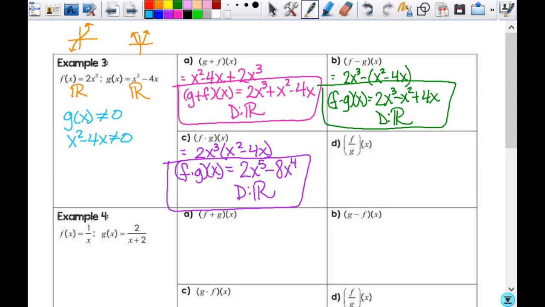How do I solve a situation like this? We would factor it out. So I'm going to factor this out. Here's what you don't do: I'm not going to add 4x to both sides and divide by x. That's a bad idea, right? But I can factor out this x. So this is a quadratic, so we try and factor. So x times x minus 4 cannot equal 0, right?